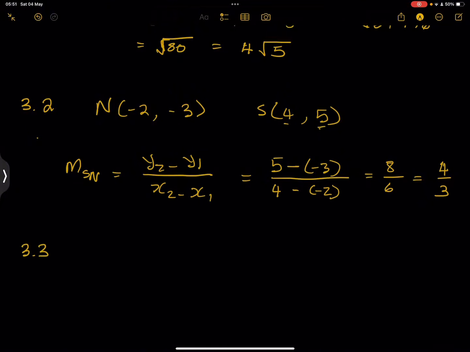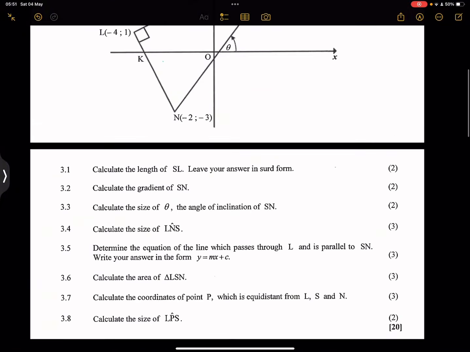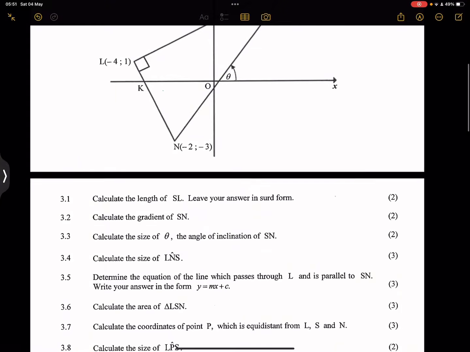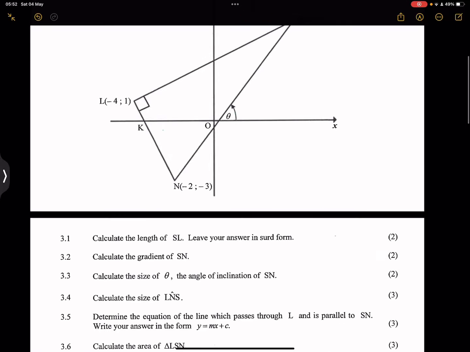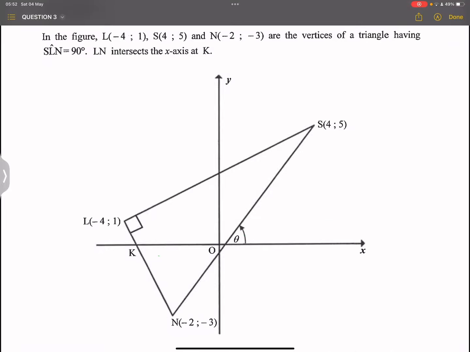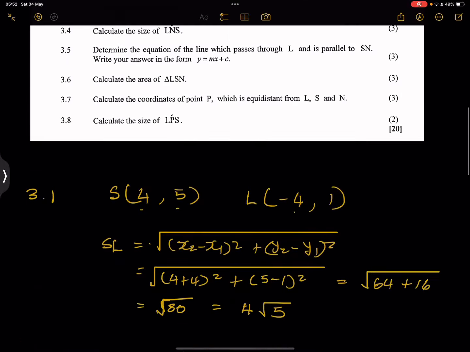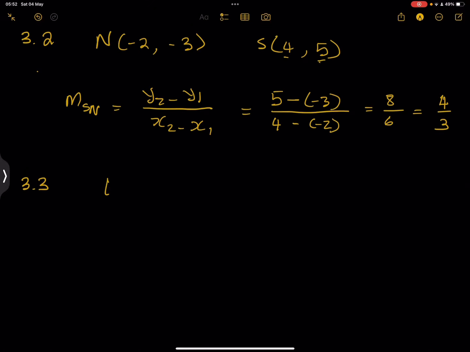Okay, so 3.3, they want us to calculate the size of angle theta, the angle of inclination. Keep that in mind, ladies and gents. Now that we know the gradient of SN, we can use the tangent being equal to the gradient. So tan theta is equal to the gradient of SN, which is 4 over 3.